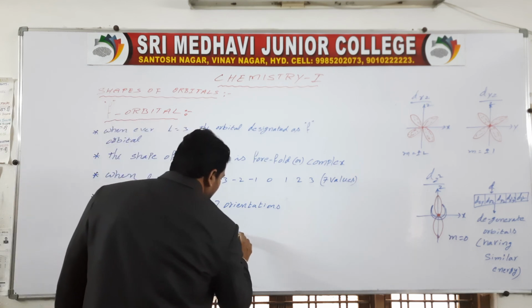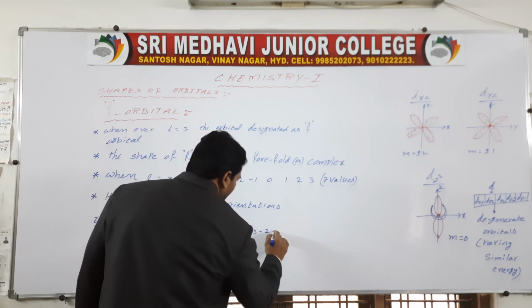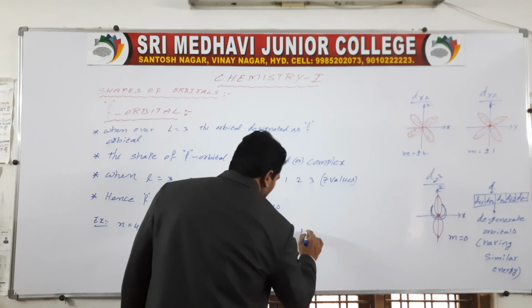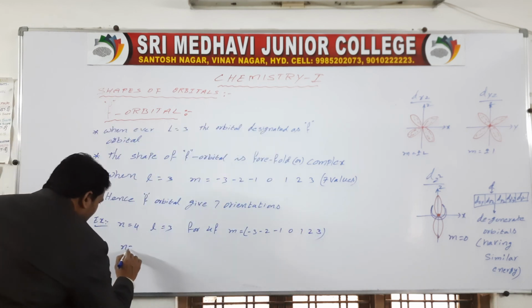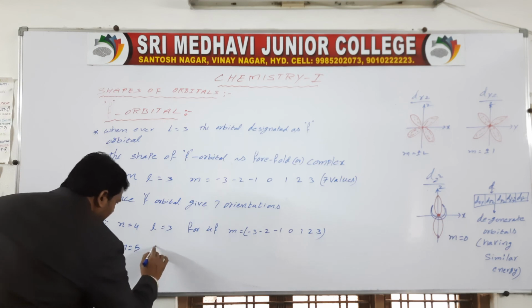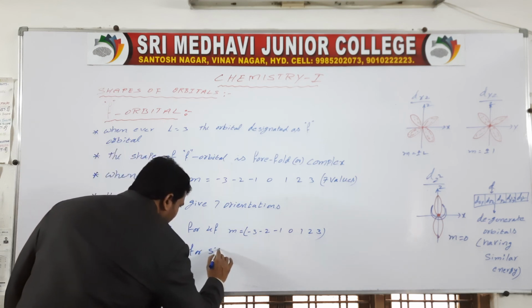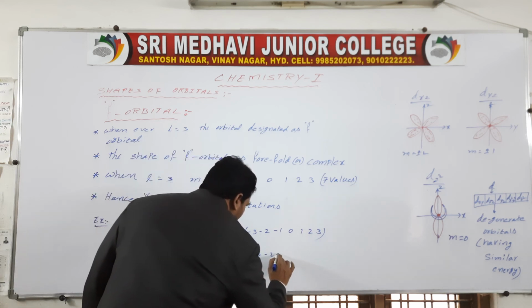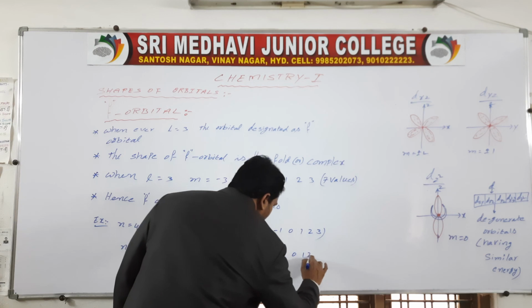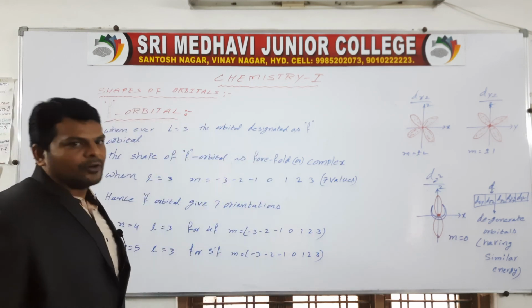The m values are -3, -2, -1, 0, 1, 2, 3. Similarly, n is equal to 5, l is equal to 3 for 5f, and m is equal to -3, -2, -1, 0, 1, 2, 3. So this is for the f orbital.